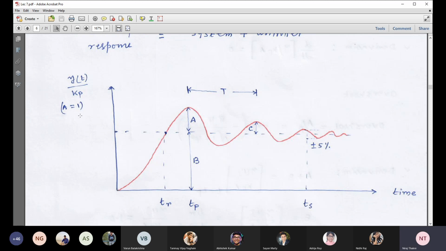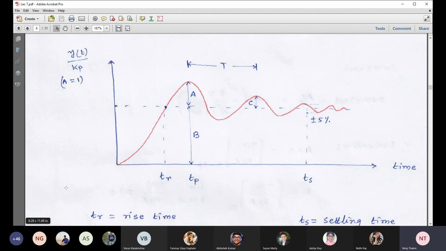Okay, here we are considering a equal to 1, I have mentioned. And this is only time. Okay. And here you see this T suffix R is called rise time.